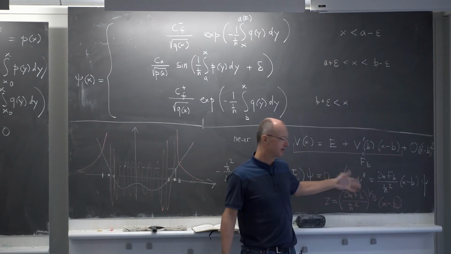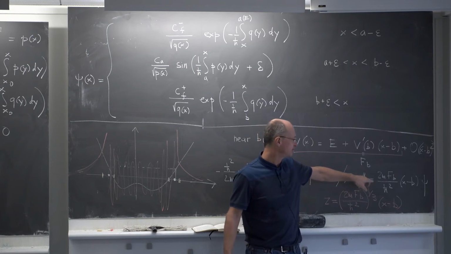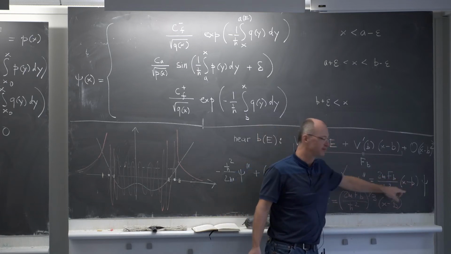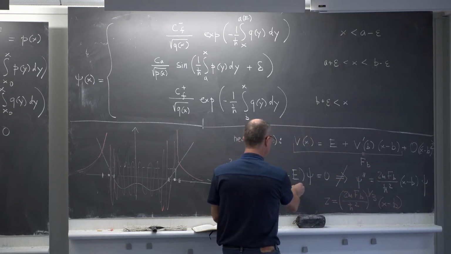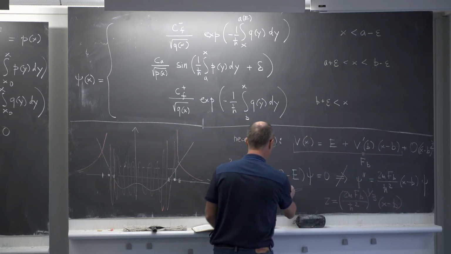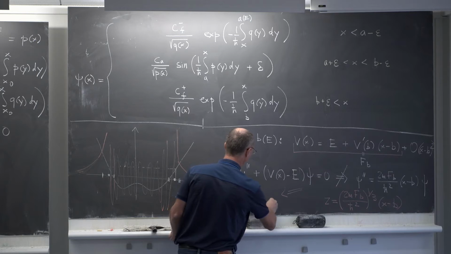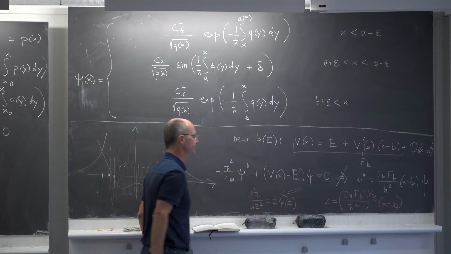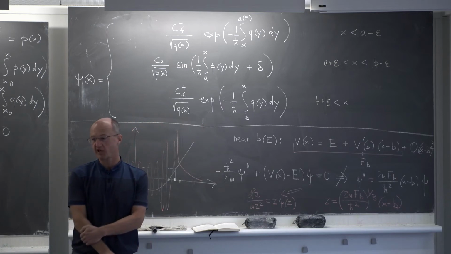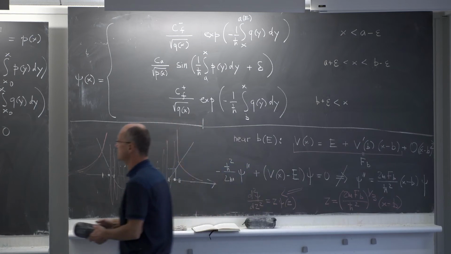So when I make a substitution, there will be a power 2/3 coming from here, power 1/3 coming from there. So this will cancel the coefficient. So with respect to z, we obtain the following equation: d2 psi over dz squared is equal to z psi of z. So that's the Airy equation. So we actually started this equation last time.